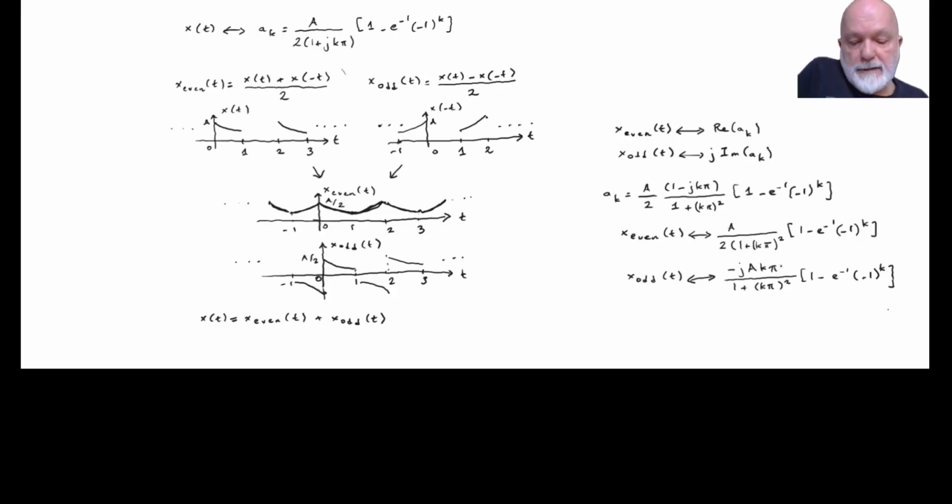Now we look at the signals, the even part and the odd part. As you see, the odd part of the signal, as well as the signal itself, has discontinuities, a sudden jump from one value to another value. But the even part of the signal is continuous, so it is a smoother function.